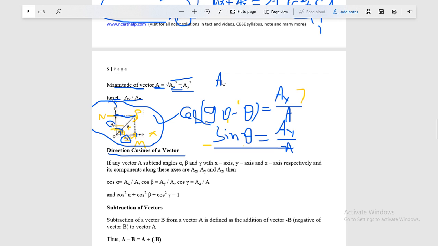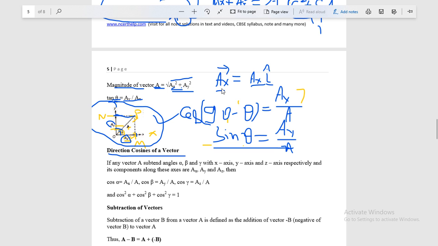Suppose this one is vector ax, so vector ax along the x-axis can be written like this: the magnitude of ax, that is ax, and the unit vector, that is I. Because we know that a vector can be represented as the magnitude of the vector multiplied by its unit vector. So along the x-axis the standard unit vector is I cap.